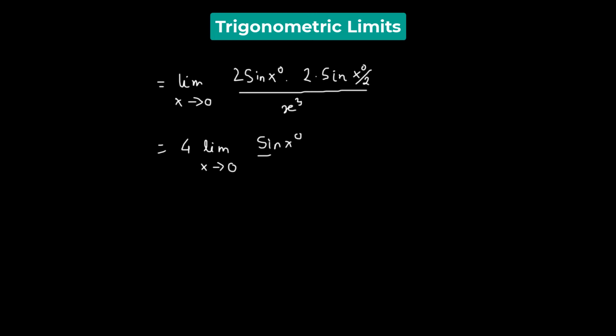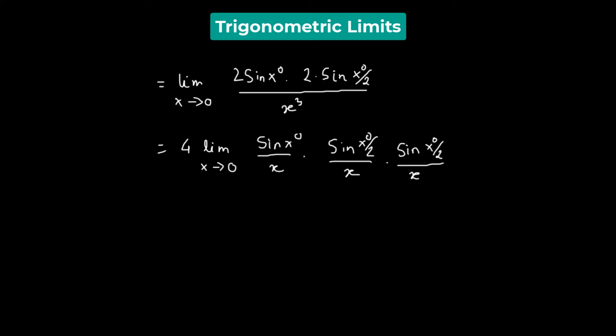Now x cubed can be decomposed as the product of x multiplied to itself 3 times. So we have sine x degree over x times sine x degrees over 2 divided by x times sine x degree over 2 divided by x.